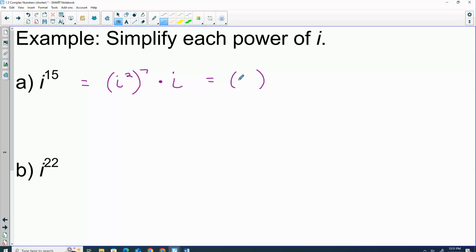But i squared is negative 1. So I have negative 1 to the 7th times i. If you have 7 negatives, is your answer positive or negative? Negative. So this is just negative 1 times i, or negative i.